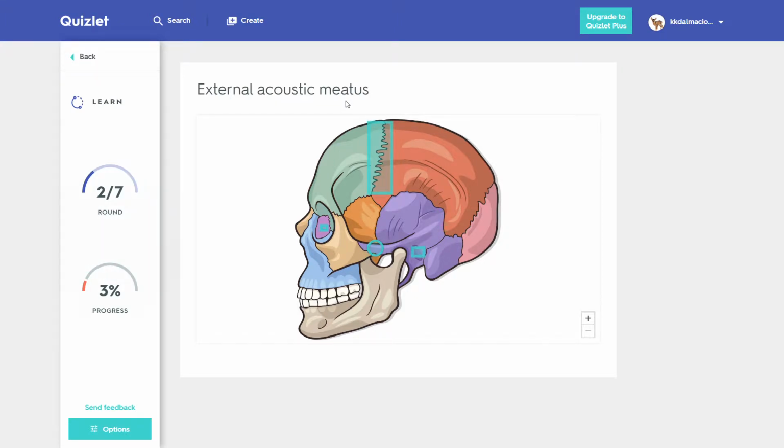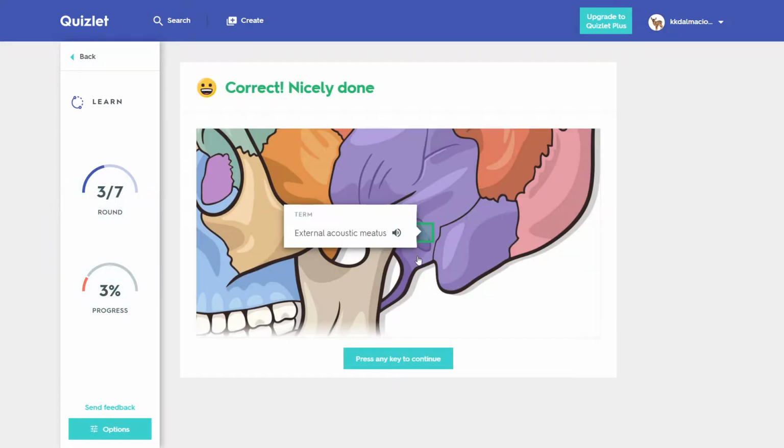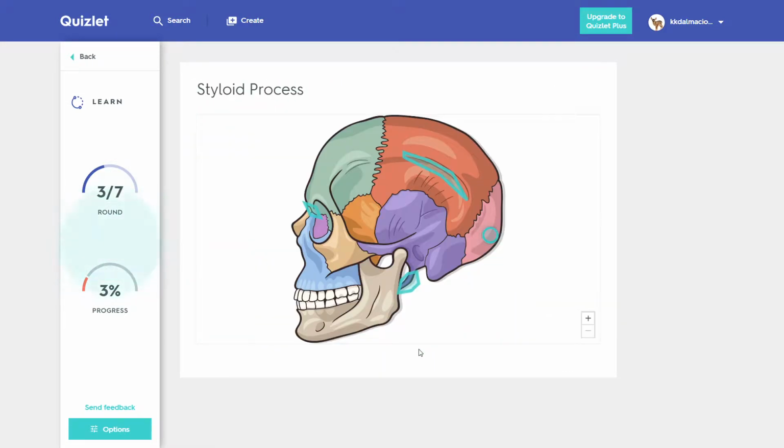I believe meatus is considered an opening, so I think it might be this. I'm going to have to go with this. I knew it because external is your outer, acoustic is where you listen to music, so this is like your ear. Meatus is actually a hole or an opening. That's how I remembered it.